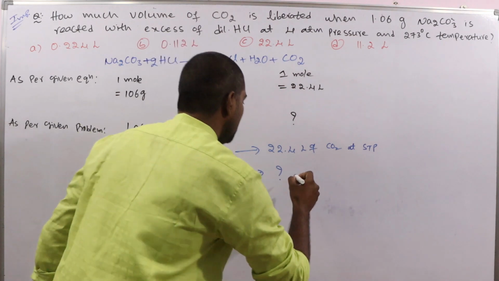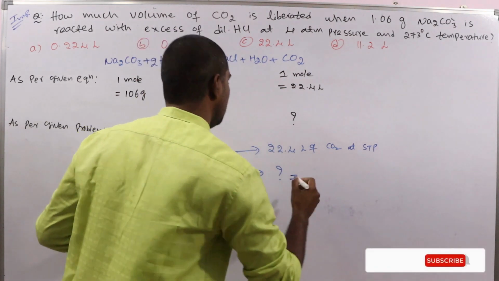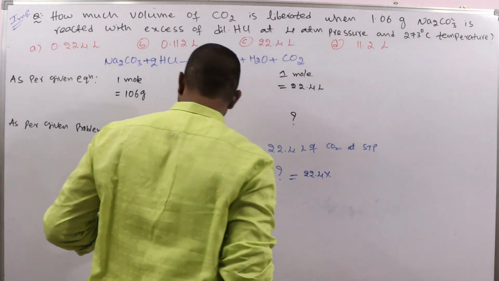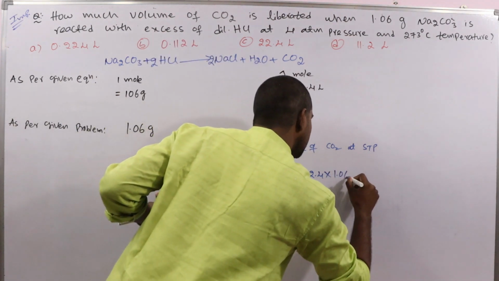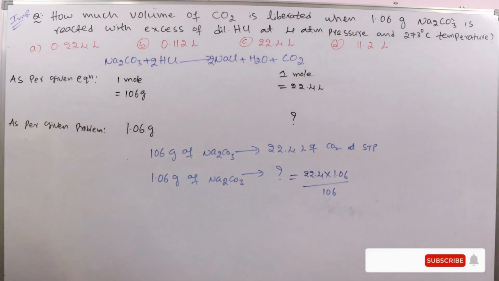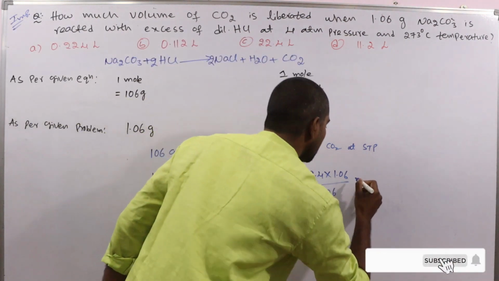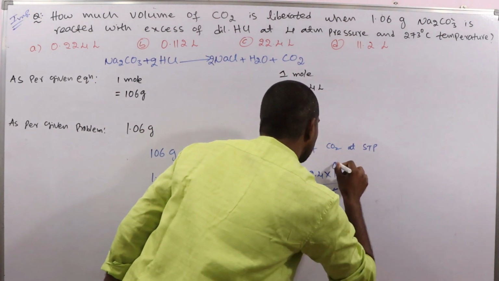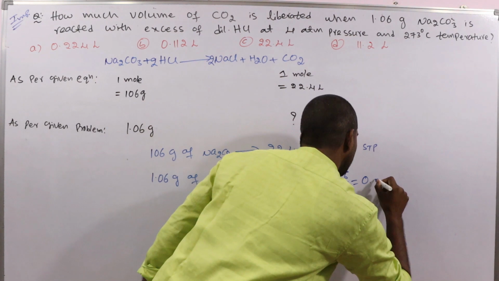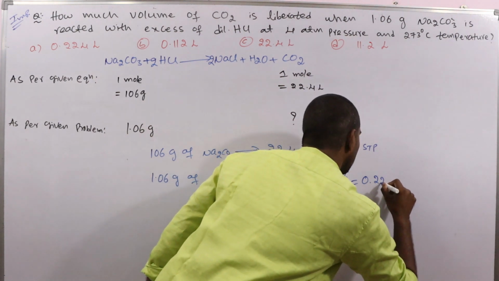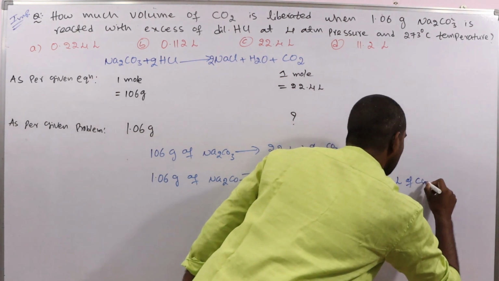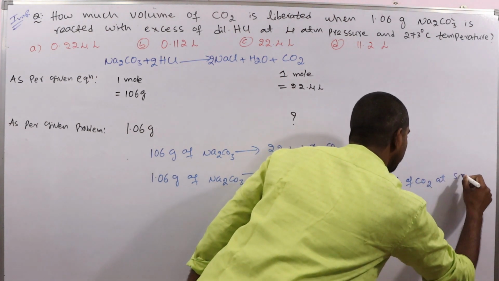Now see, if we do the cross multiplication, 22.4 into 1.06 by 106. After simplification we get 0.224 liter of CO2 at STP.